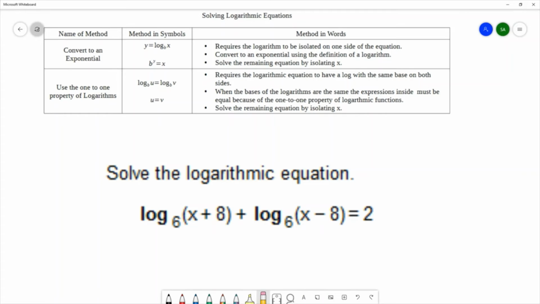We do have some properties of logarithms that allow us to condense logs to a single logarithm, called the power rule, the product rule, and the quotient rule for logarithms. So we'll start off by condensing these two logs using the product rule.